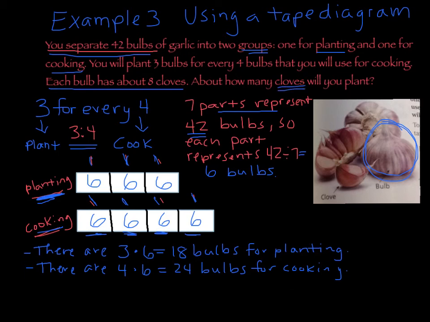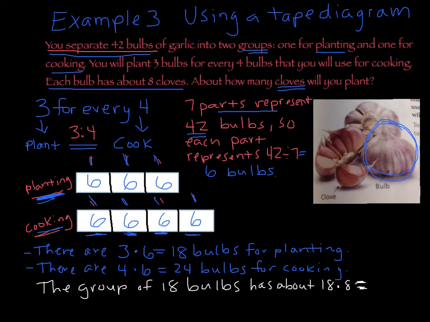So I have to do a little converting. The group of 18 bulbs has about 18 times 8, to give us a total of 144 cloves. Sorry, I'm running out of space here. So how many cloves will you plant? You will plant 144 cloves.